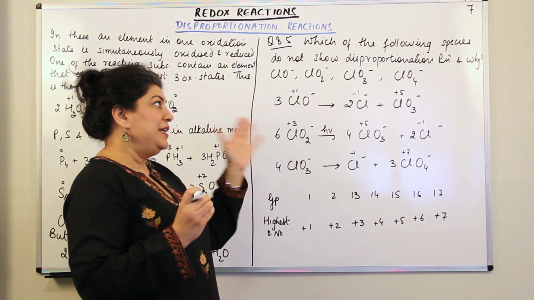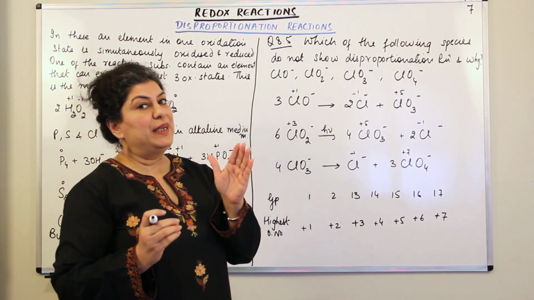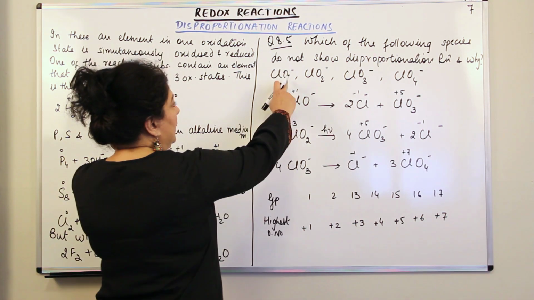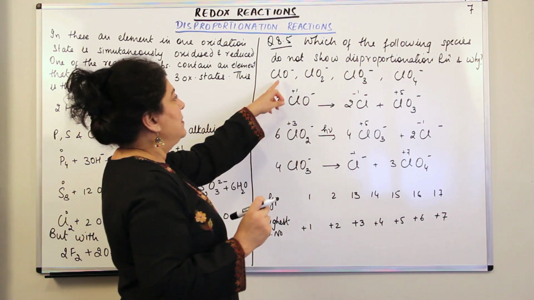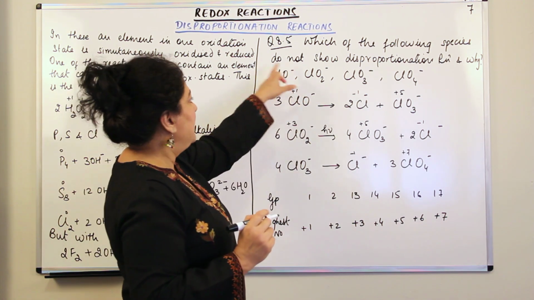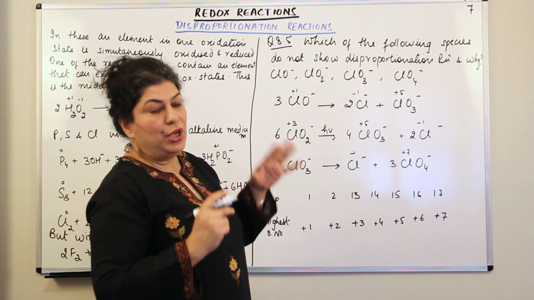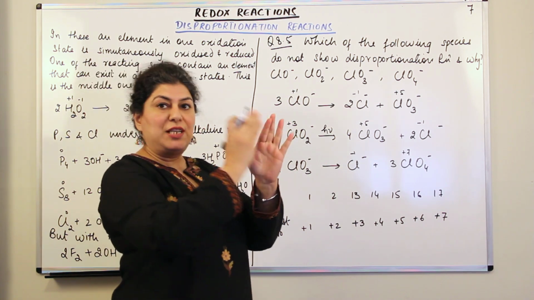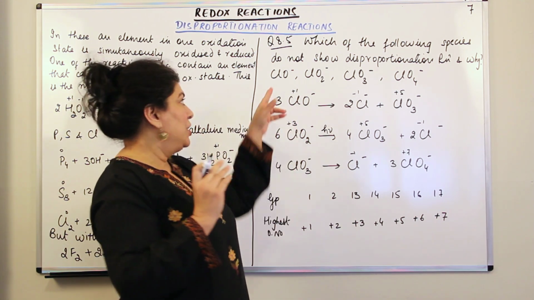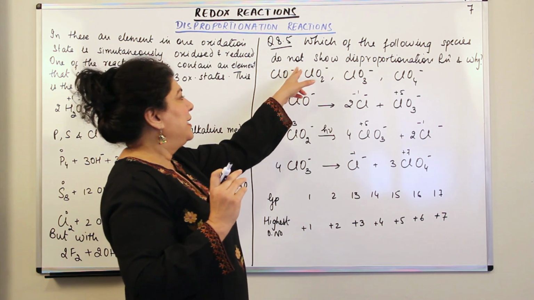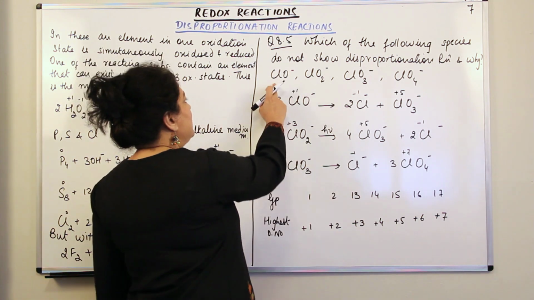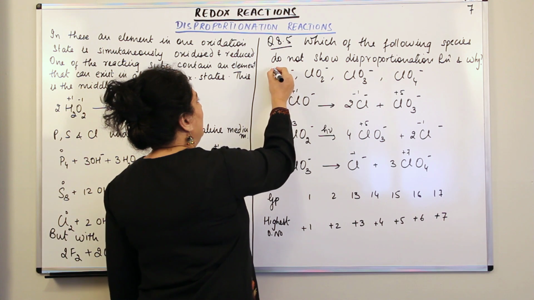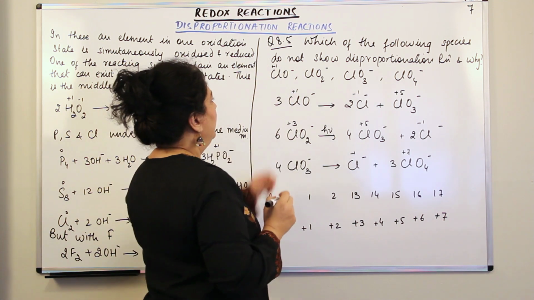So in all of these, oxygen has a charge of -2. There is one oxygen, it has a charge of -2, and the entire species has a negative charge, which means one of the negative charges has been neutralized by positive charge given by chlorine, and the other negative charge remains. So in this ClO negative, the charge on chlorine will be +1, right?